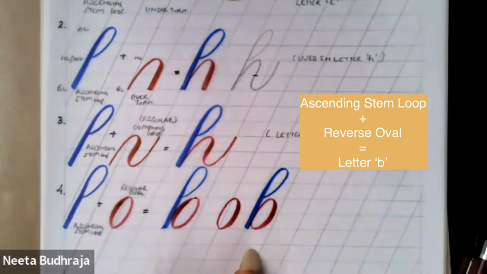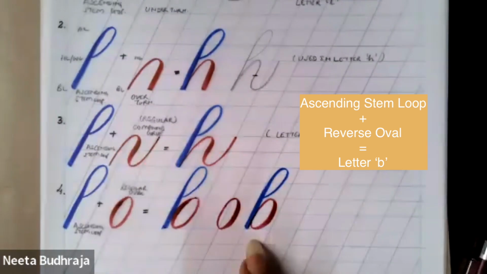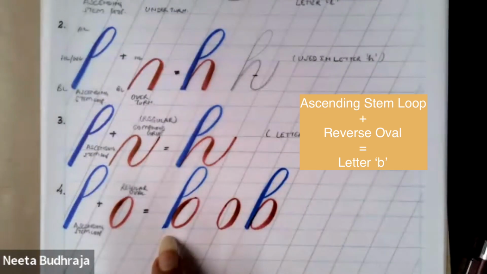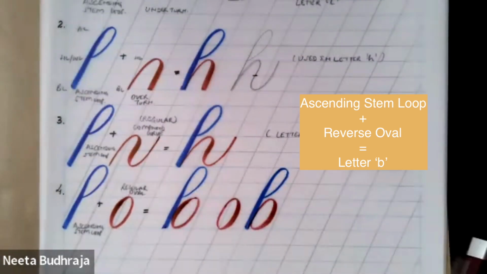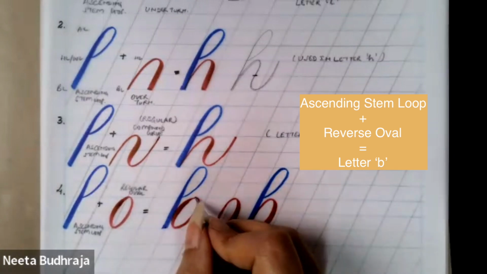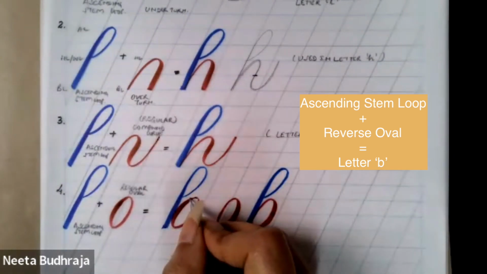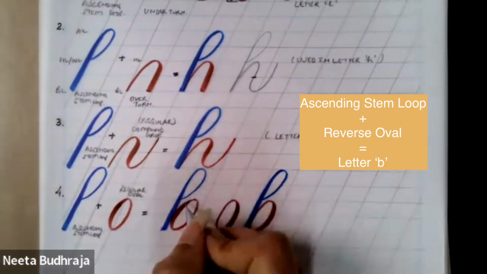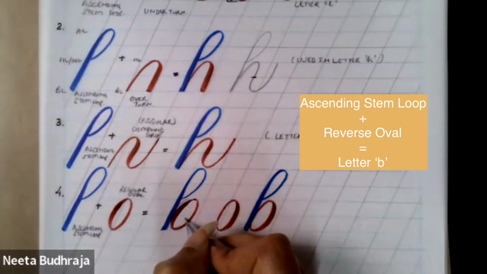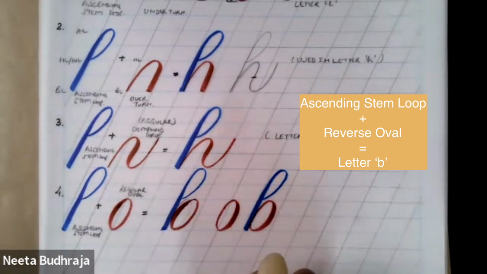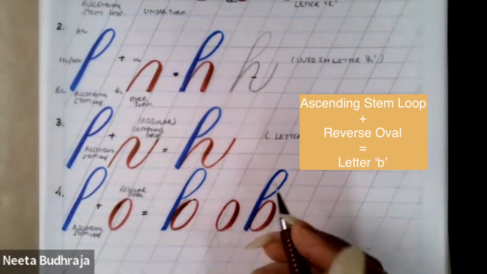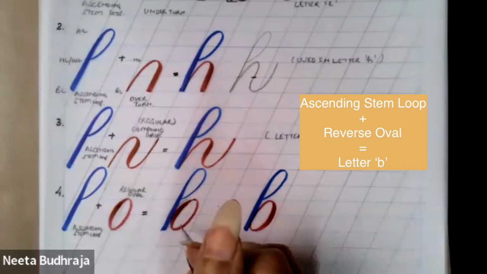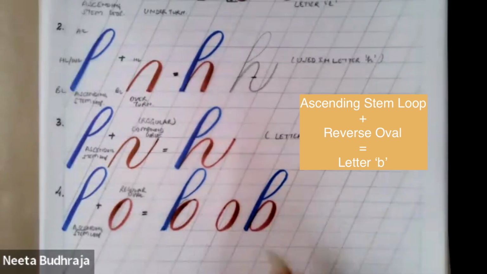So this is creating our letter B. So this is the shape for letter B. This is not the shape for letter B because the thick portion is coming here. Even if we join here like this, we are not going to see any such letter or connection in our words or letters.